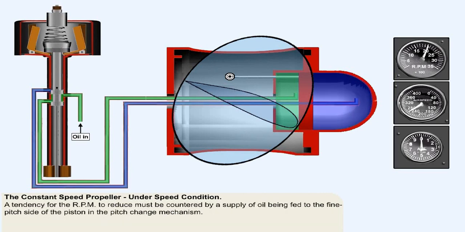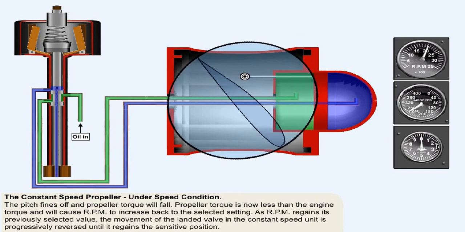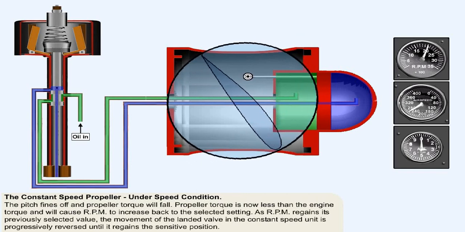The tendency for the RPM to reduce, which is termed a propeller underspeed condition, must be countered by a supply of oil being fed to the fine pitch side of the piston in the pitch change mechanism. As is shown in this animation, the pitch will then fine off, and propeller torque will fall as a result of the decrease in the blade angle of attack. Propeller torque is now less than the engine torque, and will cause RPM to increase back to the selected setting.